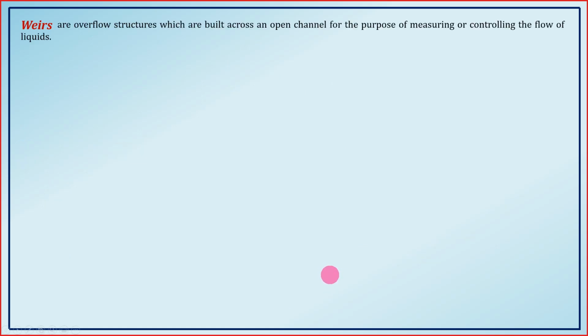So, weirs are overflow structures which are built across an open channel for the purpose of measuring or controlling the flow of the liquids. So, unlike sa mga venturimeter and orifice meter, kita nyo kanina doon sa figure, sila ina-apply sila sa mga pipelines, di ba?